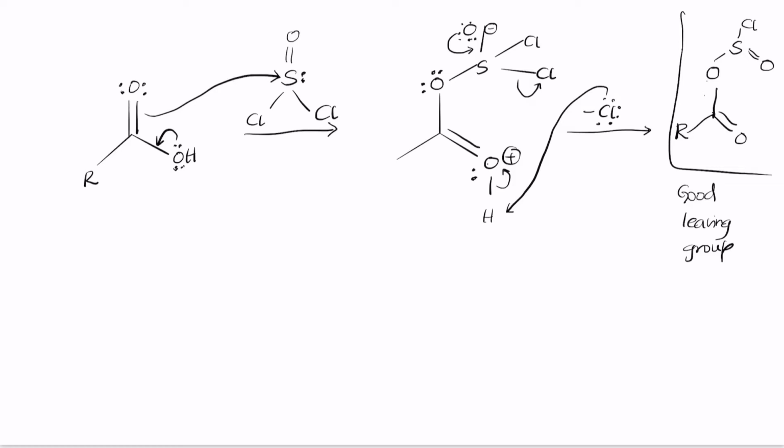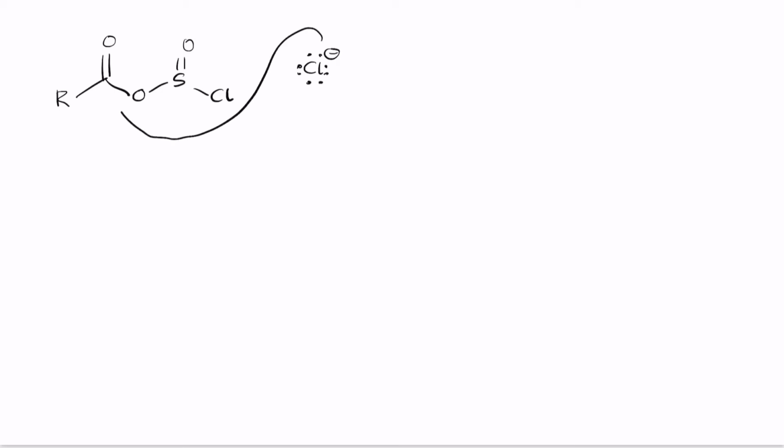So what will happen in the second part? Let us write it down separately. In the second part, let me write it down as a clear path, we have the compound we talked about. The chlorine nucleophile now has an easier chance of attacking the carbon. So this chlorine nucleophile will attack the carbonyl group. That is the nucleophilic attack.